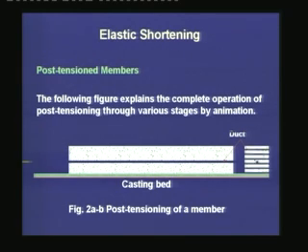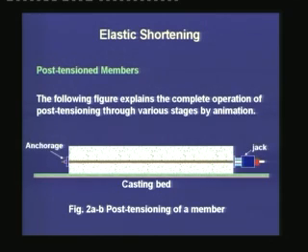Then through the duct we pass the tendon, and then we apply the anchorage at one end. We position the jack at the other end, and when we are applying tension with the jack, notice that this member is undergoing elastic shortening.